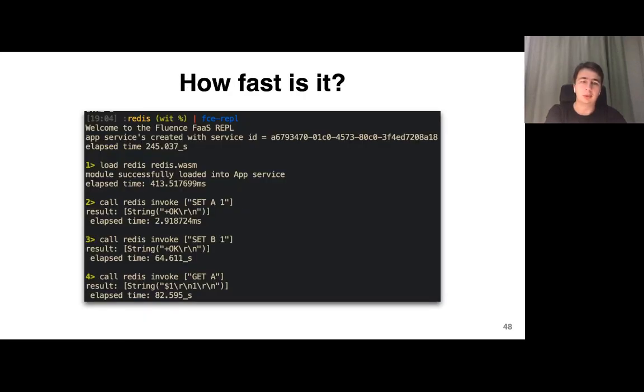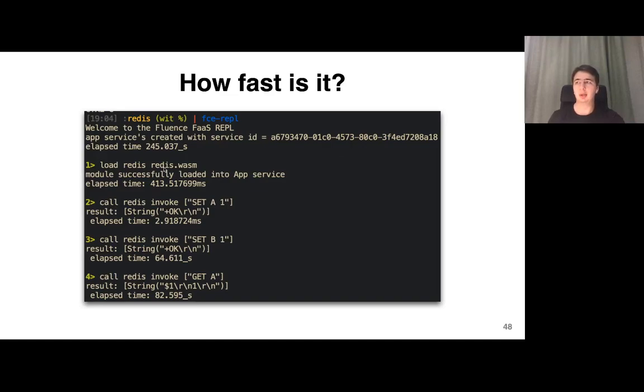What about Redis, and how fast is this? So we have ported Redis, and Redis is about half a megabyte in optimized form. Here you can see how long it takes to load Redis inside FCE.